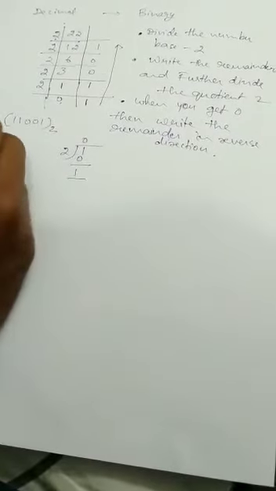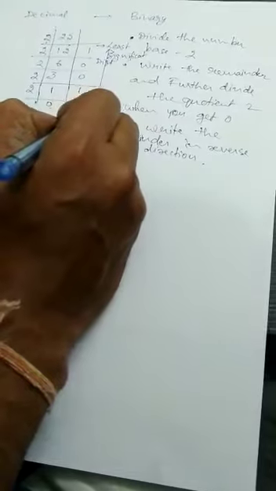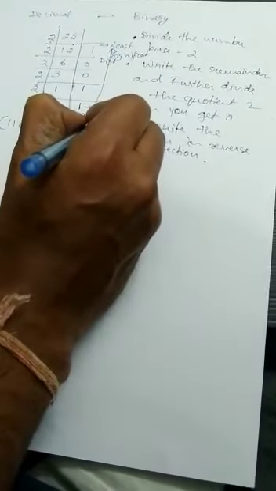We write 25 base 10 is equal to 11001 base 2. The first remainder you got at the starting is the least significant digit, and this one is the most significant digit, and you have to write the answer from most significant to least significant. So you write it in this way.